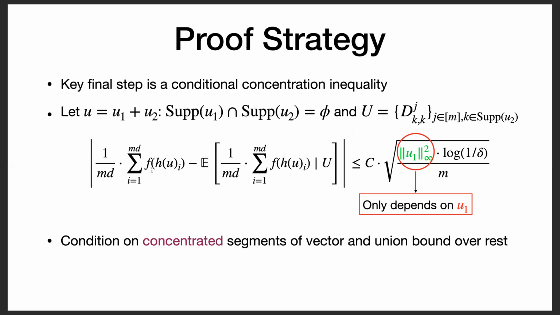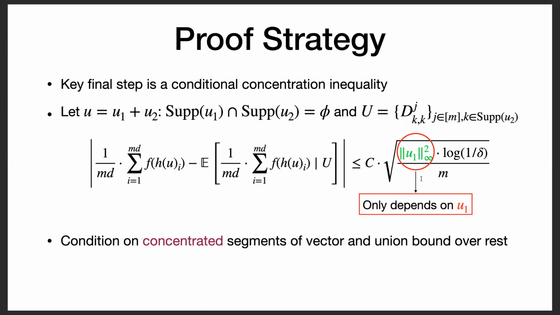Then you can show a conditional concentration inequality that only depends on the properties of u1, that is, on how well spread or concentrated u1 is when you condition on the variables corresponding to the entries of u2.